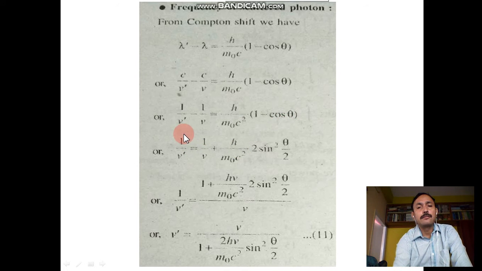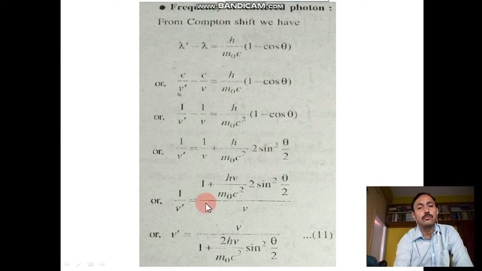So 1 by nu dash is equal to 1 by nu plus h by m0c square times (1 minus cos theta), and 1 minus cos theta means 2 sin square theta by 2. So 1 by nu dash is equal to (1 plus 2h nu by m0c square sin square theta by 2) by nu. This is 1 by nu dash.